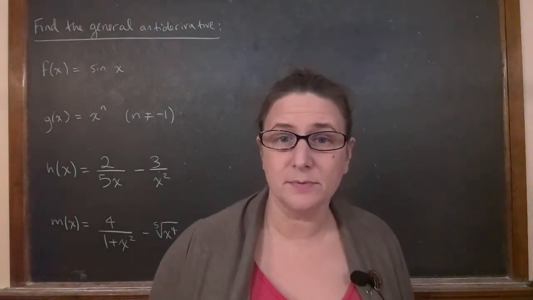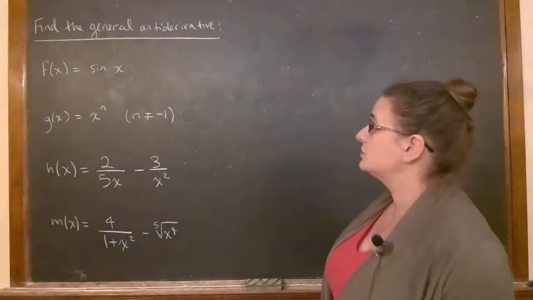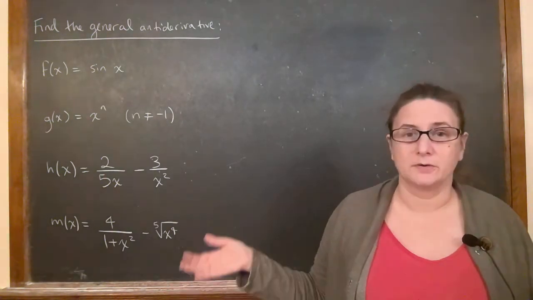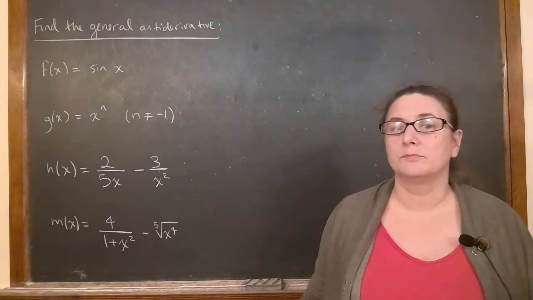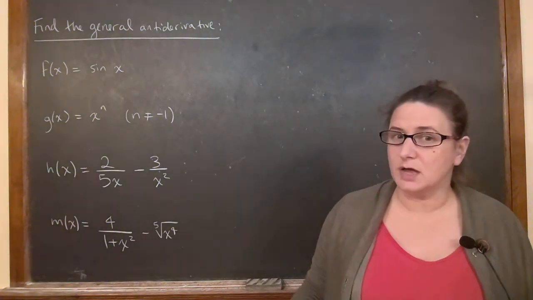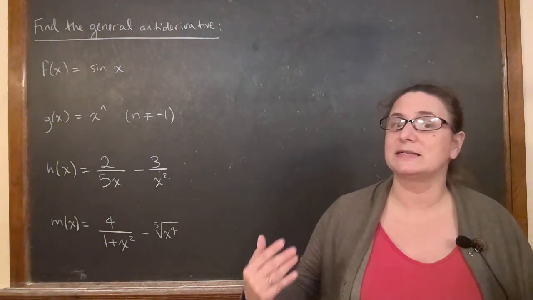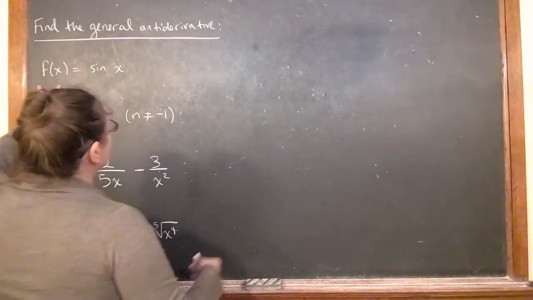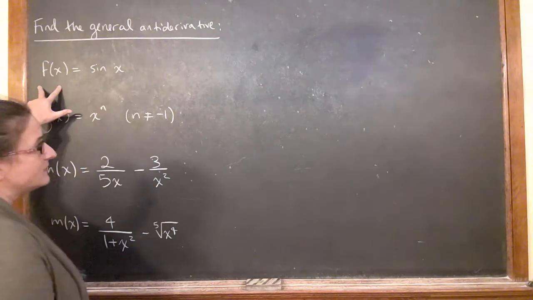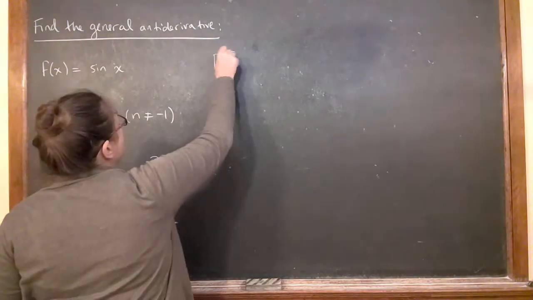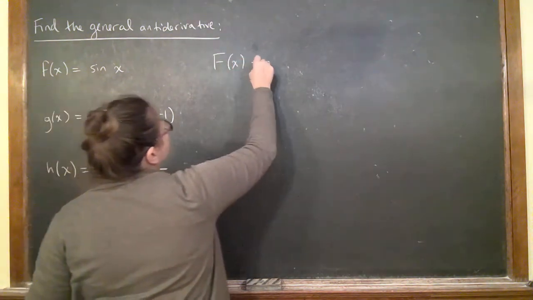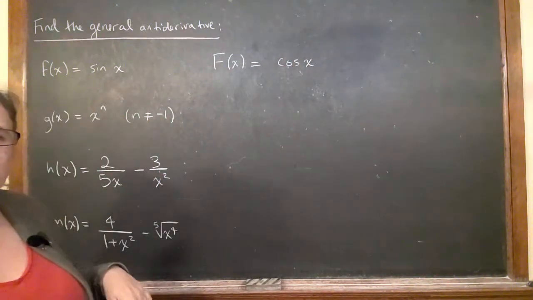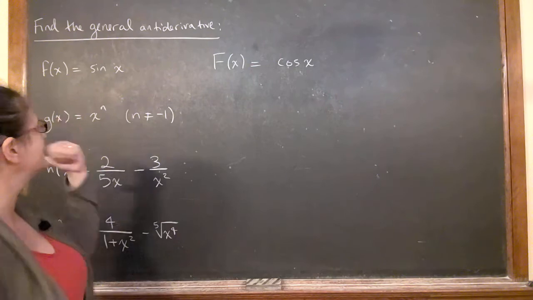Here's some more examples of finding the general antiderivative. So, sine x, right? The derivative of sine is cosine, but the derivative of cosine is negative sine. So if I'm looking for the function whose derivative is sine, if I do cosine, I'm going to be off by a negative, because the derivative of cosine is negative sine.